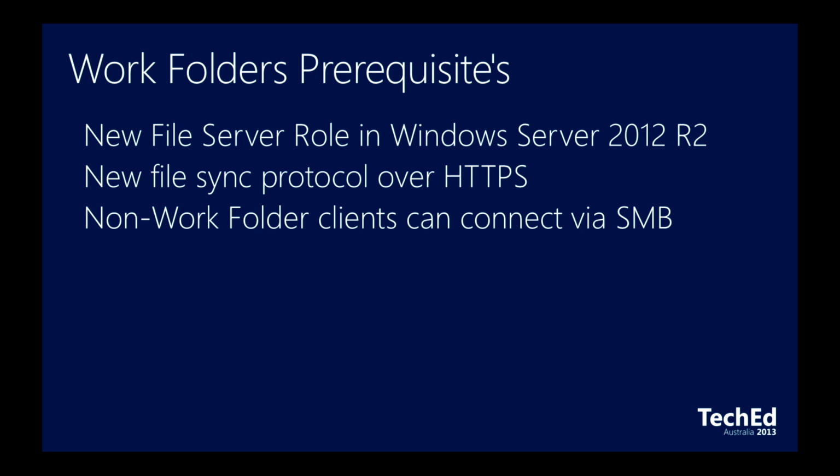Meaning you could have clients deployed out in the public, at home, private people, their personal devices, but they could still access it. So there's no real need to deploy Work Folders on every machine in your organization. It's better if you do, but you don't have to.